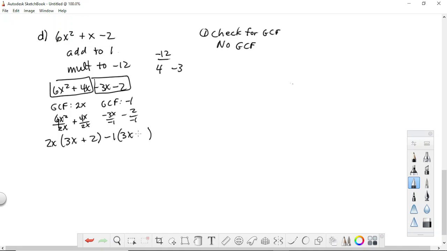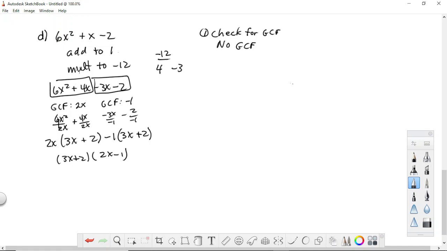Negative 2 divided by negative 1 is plus 2. And just like magic, it works again. We do have the most common, that binomial is a common factor here of this first product. It's also a factor of that product. So we factor it out. And we have 2x minus 1.